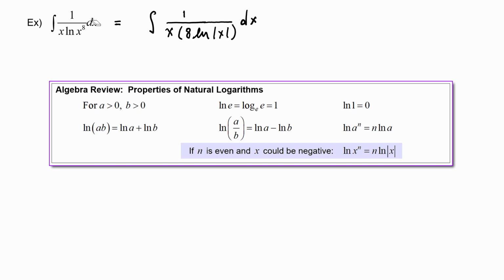Remember that when the exponent is even and it's possible that x could be negative, we have to put the argument x in absolute value symbols.